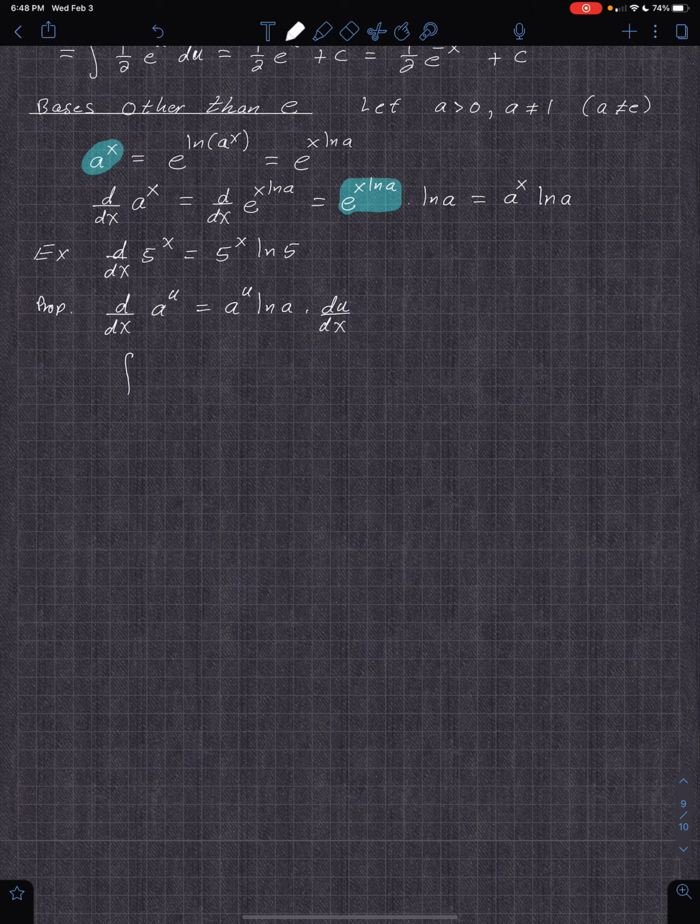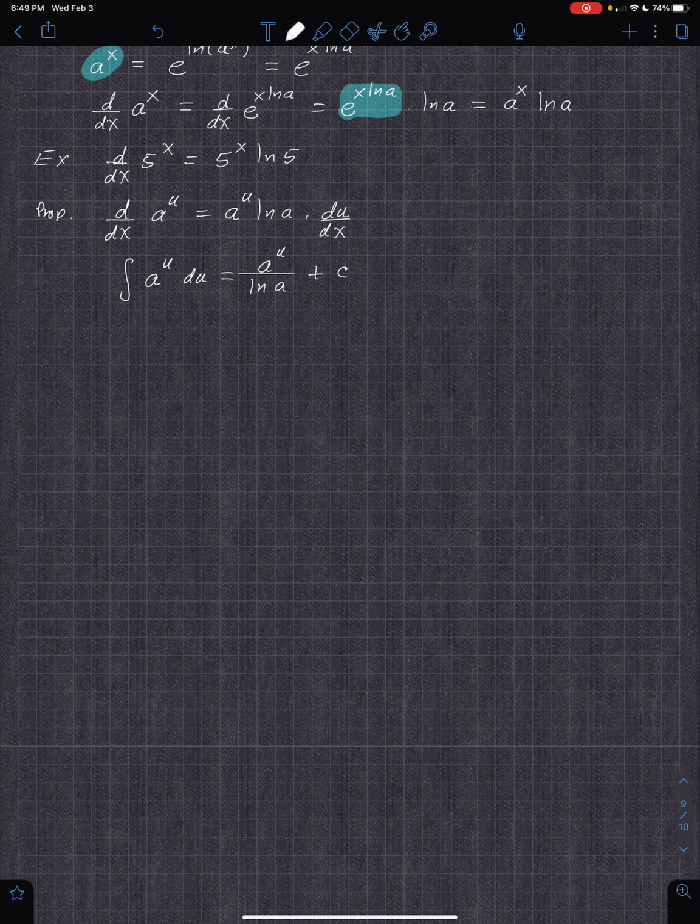Similarly, for integrals, the integral of a to the u du is equal to a to the u over ln a plus c. You get that extra integration constant in there, the ln a, and of course it has to come out. So these are inverses.